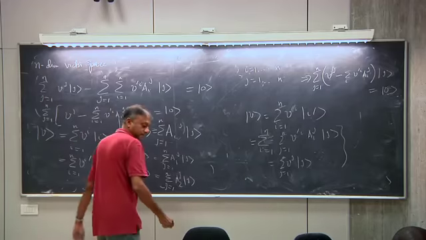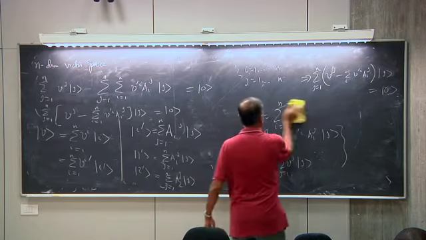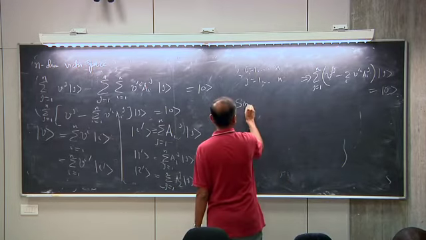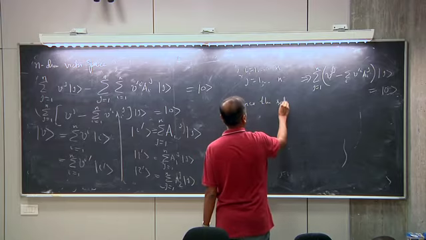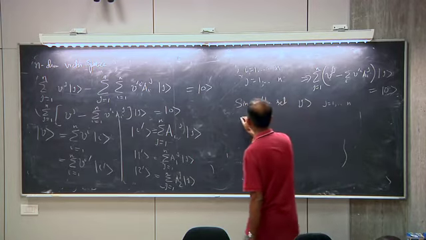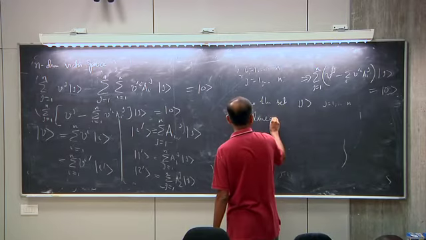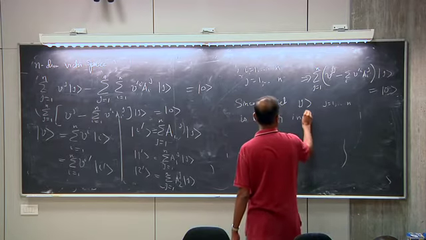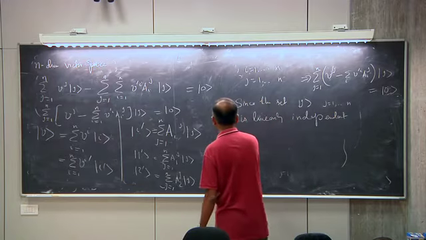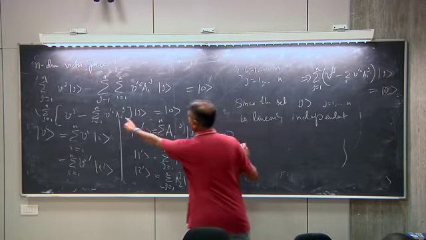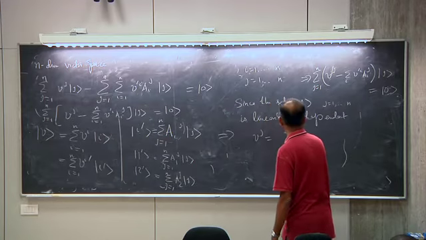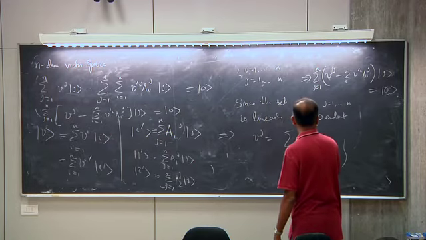So since the set j with j equal to 1 to n is linearly independent, therefore each of these coefficients must be 0, which means that vj must be equal to the sum of v prime I aij.